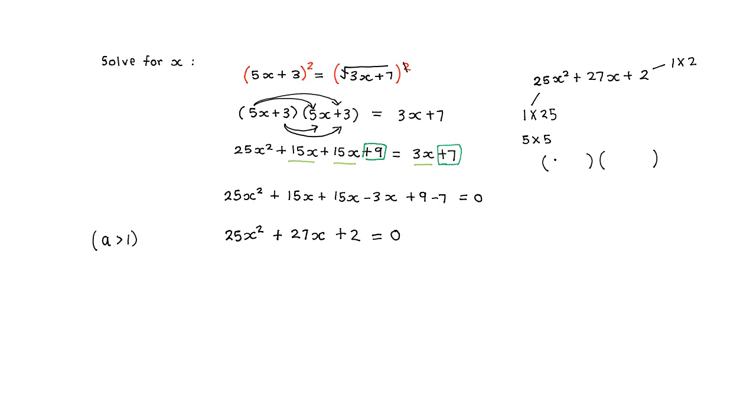If the x multiplies with the 2, then we'll have 2x. The 25 multiplied with the 1 is going to be a 25x. Now, 25x and 2x can work to give you a 27x because 25 plus 2 is 27. So we're not going to use this one. We're going to be using this one.